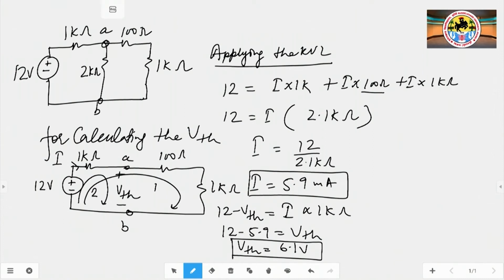Now, next we find the value of RTH. For this, we redraw the circuit with all voltage sources short circuited. So, this 12 volt voltage source is short circuited and this is 1 kilo ohm. Here we find the equivalent resistance from A to B. This is RTH.